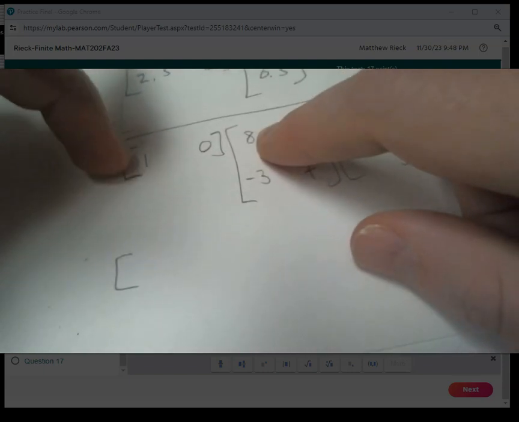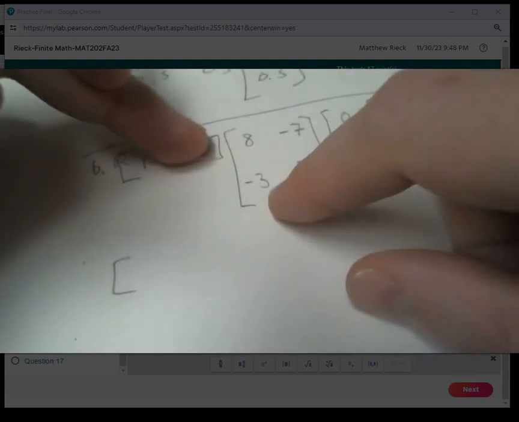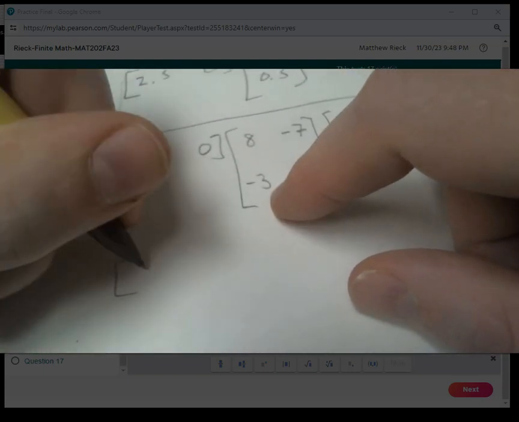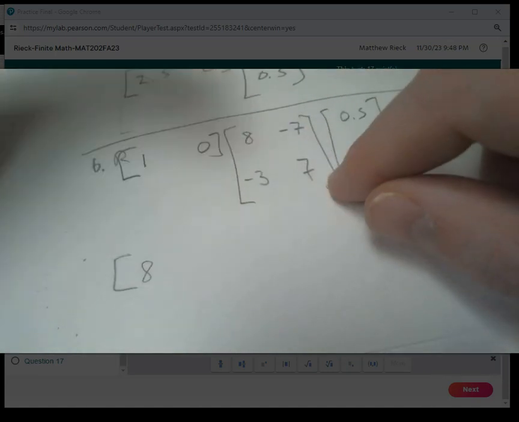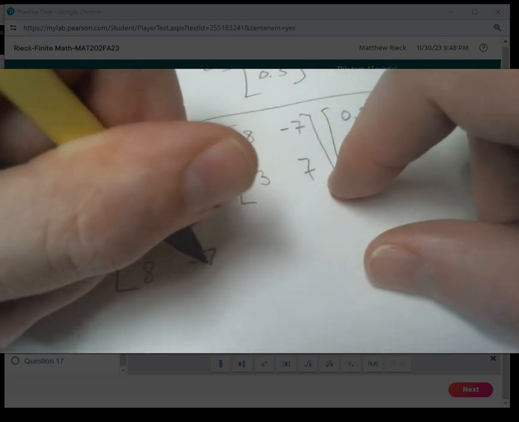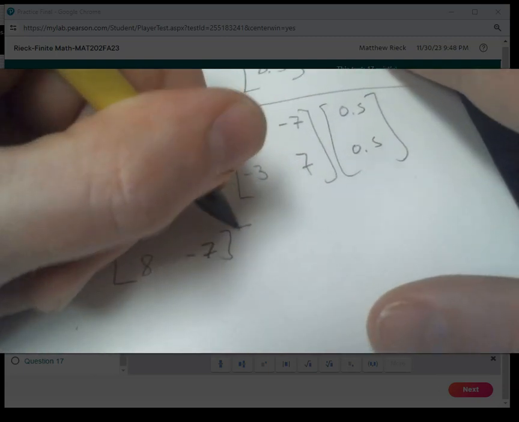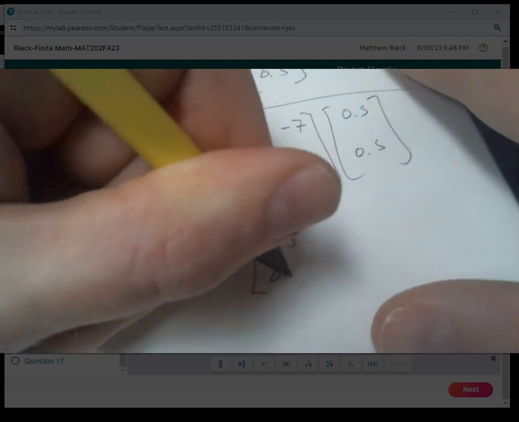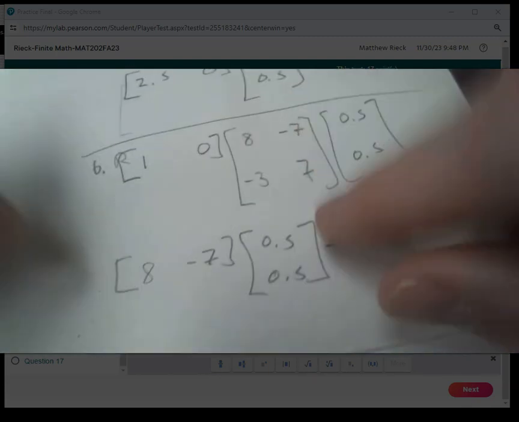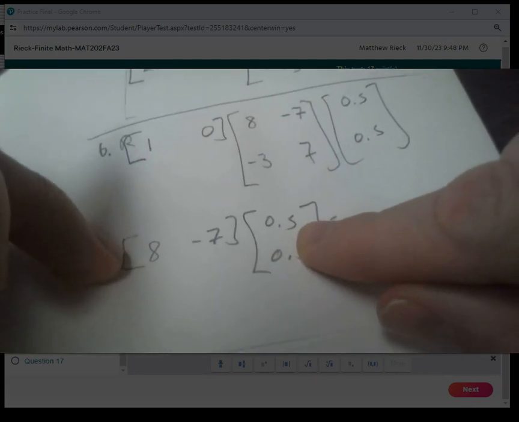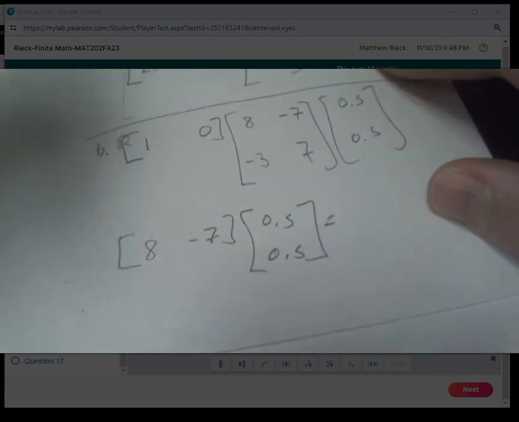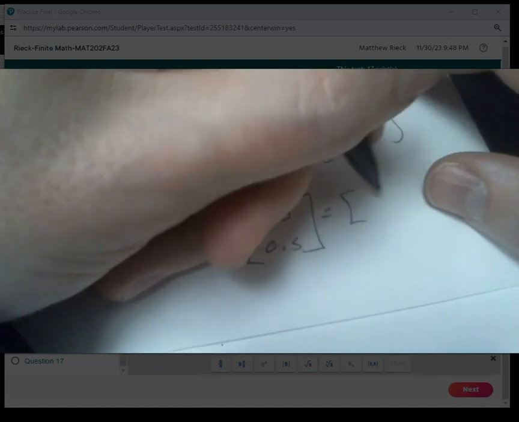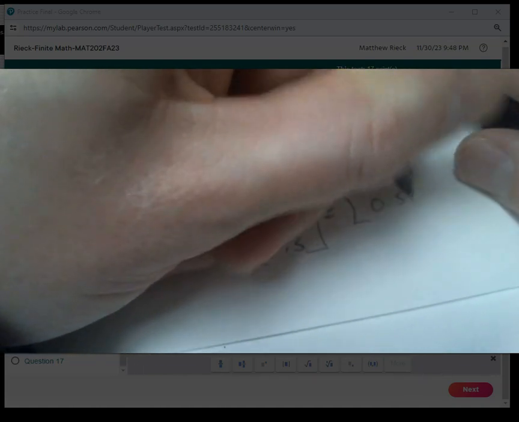So we have 1 times 8 is 8, plus -3 times 0 is 0, so 8. And then 1 times -7 is -7, plus 0 times 7 is -7. So you have 8 times 0.5 is 4, plus -7 times 0.5 is -3.5. So we have 4 minus 3.5, which is 0.5.